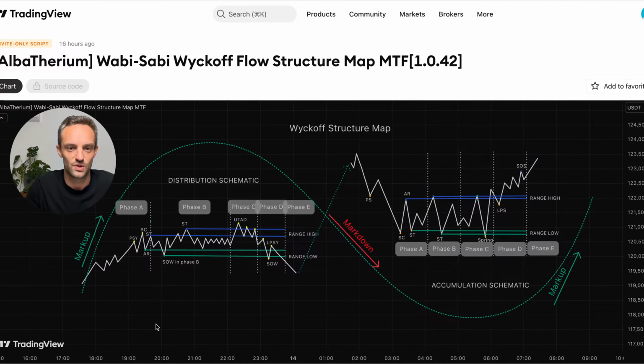I'm happy to see you, happy to have you in today's live stream, because today we announce the new indicator, which is live since yesterday night, our Wabi Sabi Wyckoff Flow Structure map, as we call it. And this is a big thing and a big puzzle piece in the overall structure of the indicators.